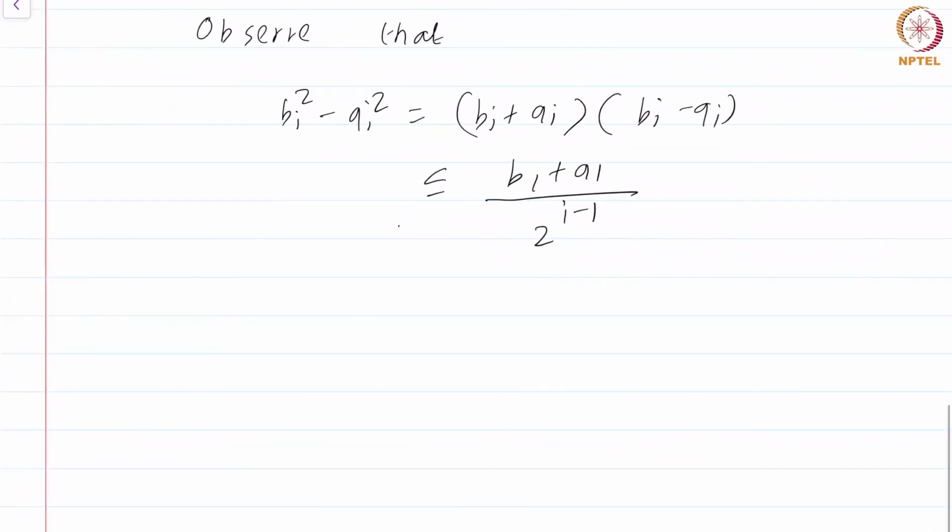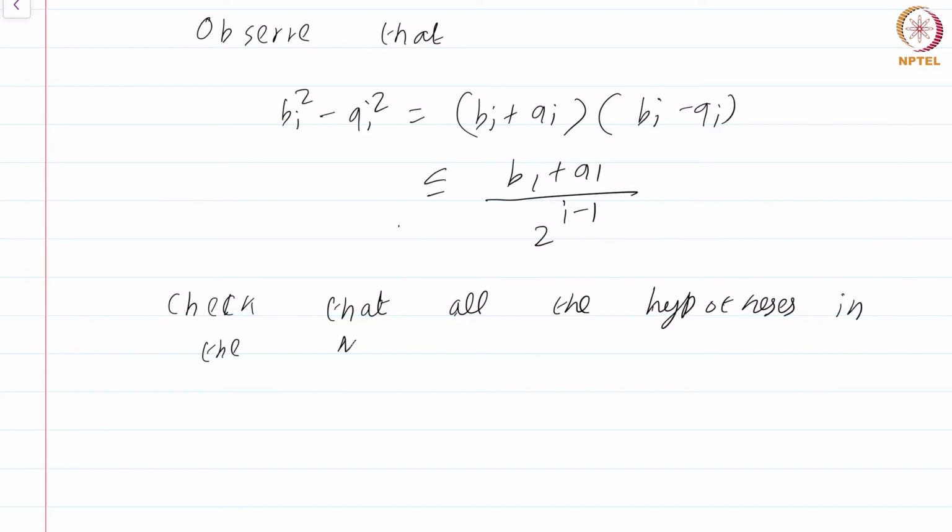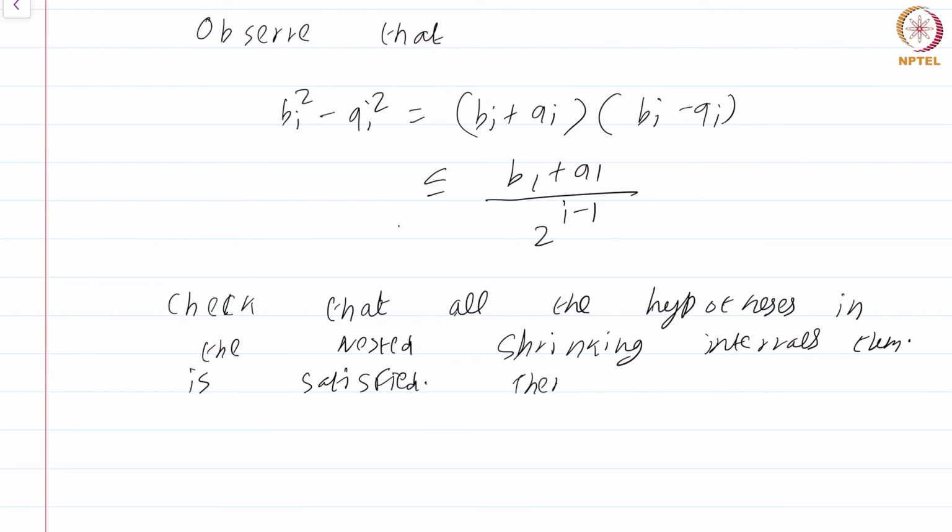Okay, now check that all the hypotheses in the nested shrinking intervals theorem are satisfied. Therefore, the intersection of [ai², bi²] is a single point.